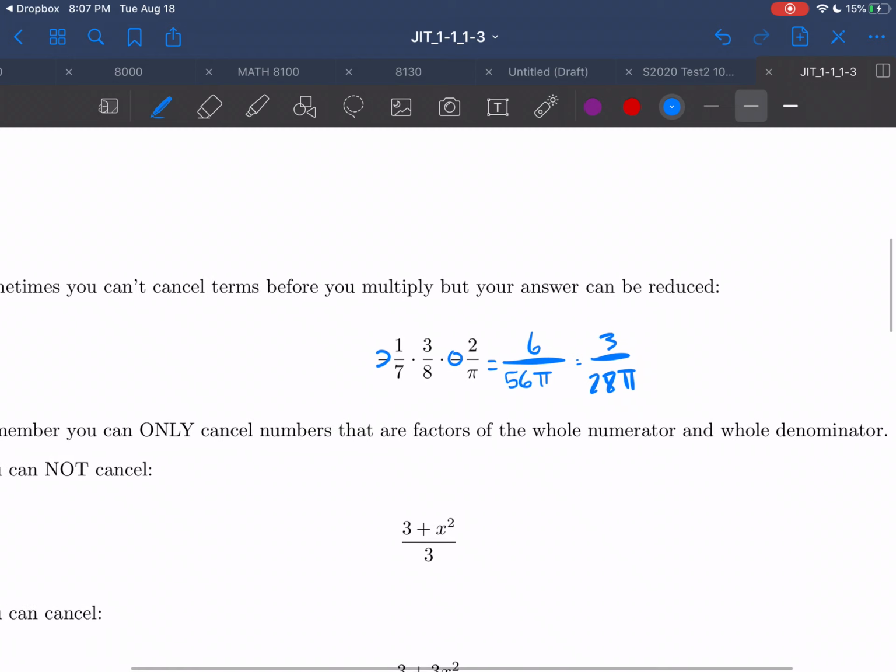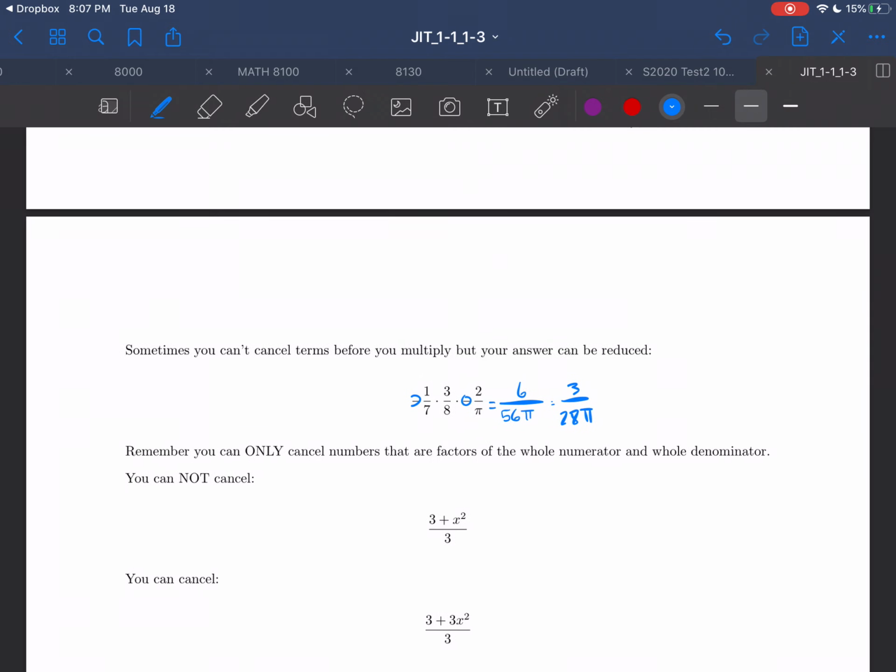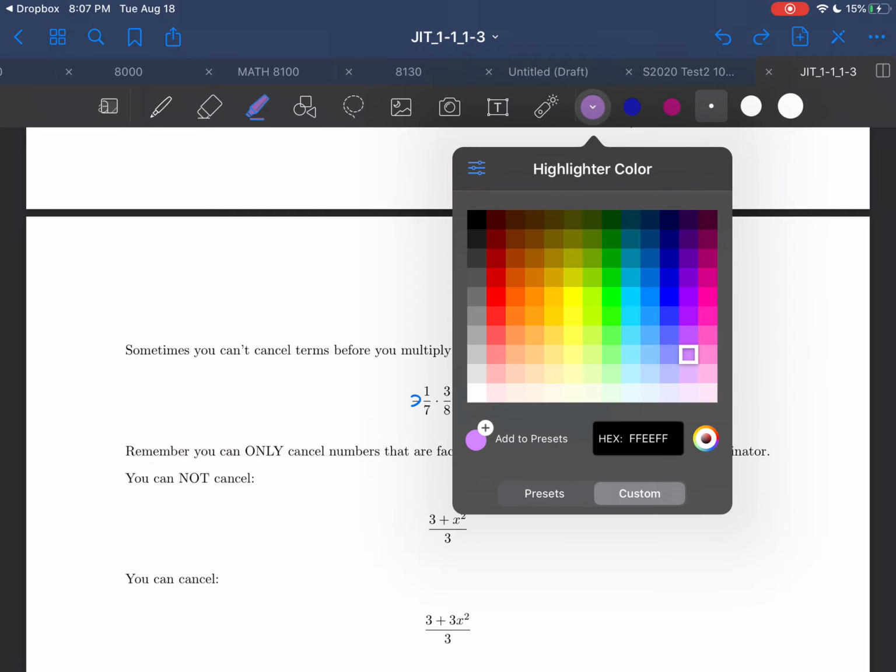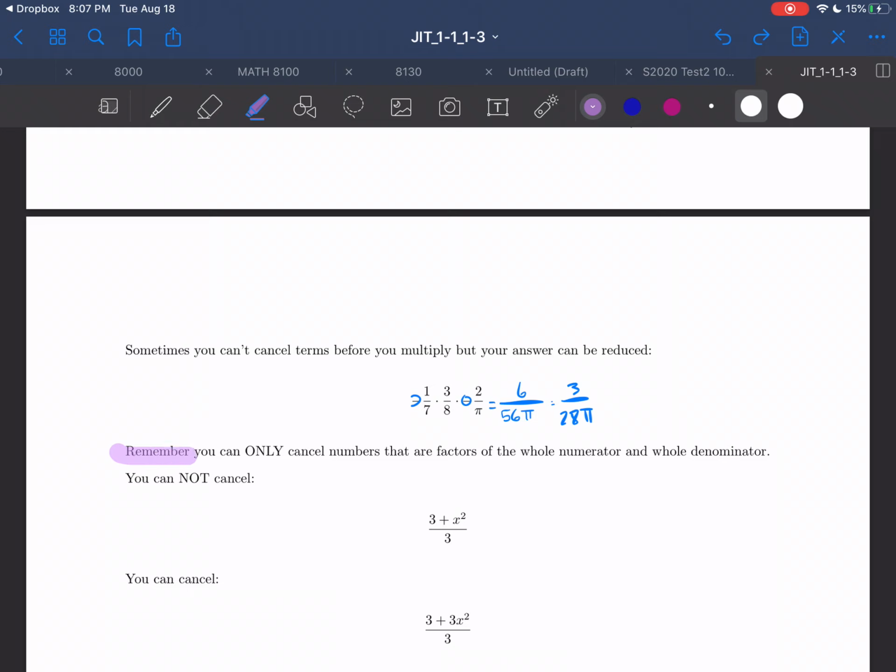Now, a big important note here. You can only cancel numbers that are factors of the whole numerator and the whole denominator.